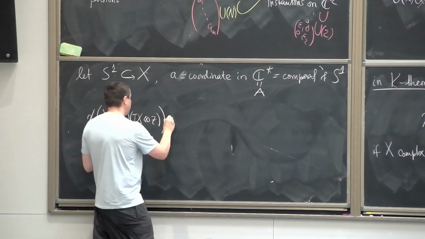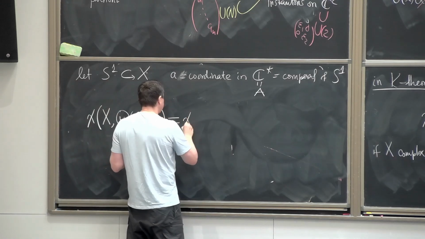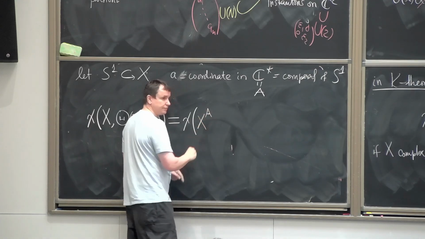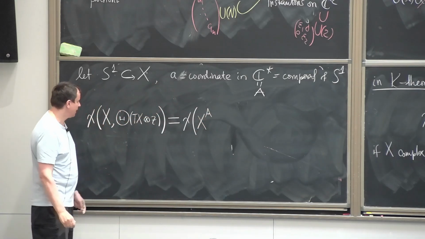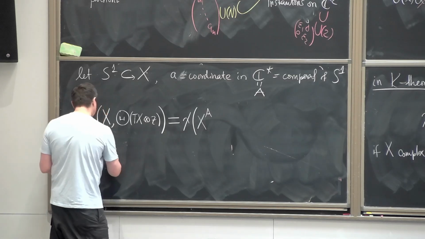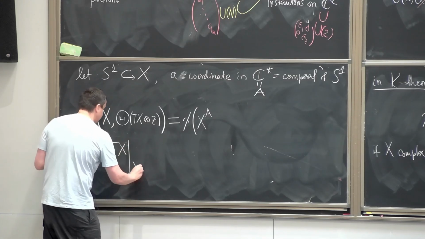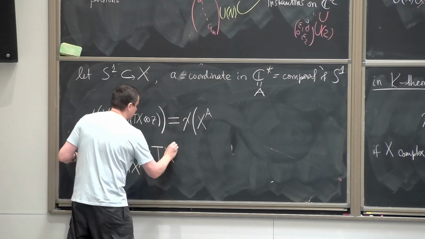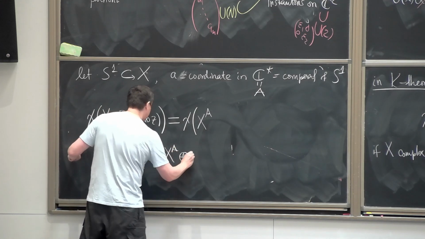It's going to be the Euler characteristic by localization on the fixed locus. And now, on the fixed locus, if I take the tangent bundle to X and restrict to the fixed locus, well, that will split into the tangent bundle of the fixed locus and the normal bundle, right?